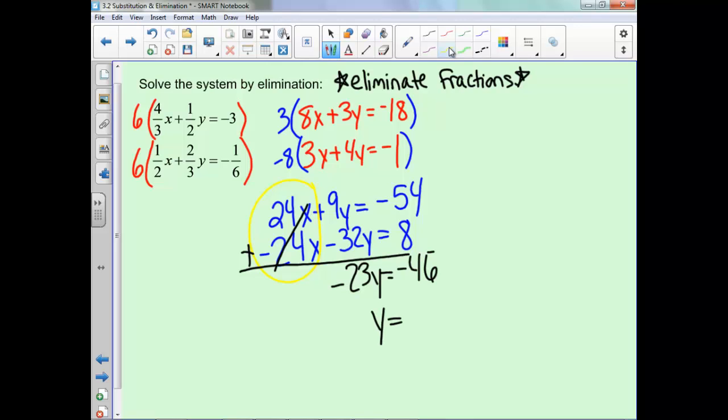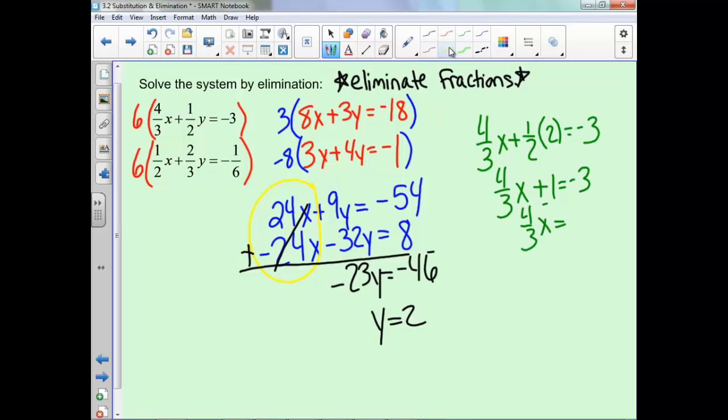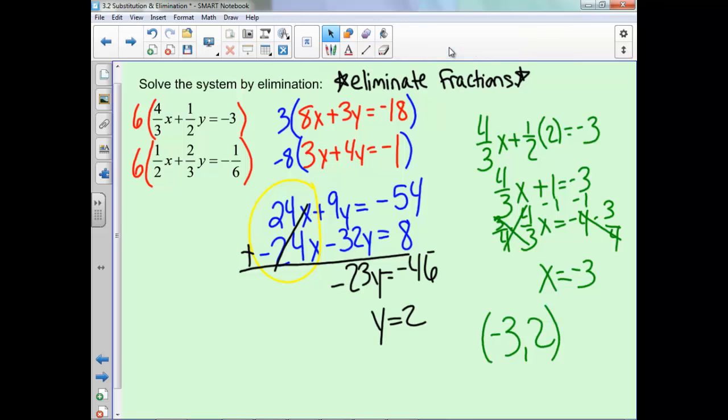So we'll get y is 2. And we still have to get our x. And so I'm going to go ahead and plug this in for y. Remember though, we do need to check our work.